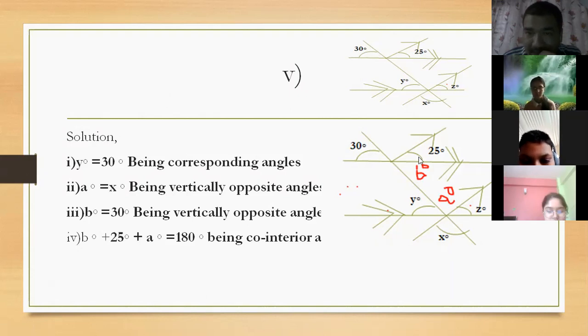Then these two angles will form co-interior angles. Look, this upper angle is B plus 25, down is A degree. These will form co-interior angles.